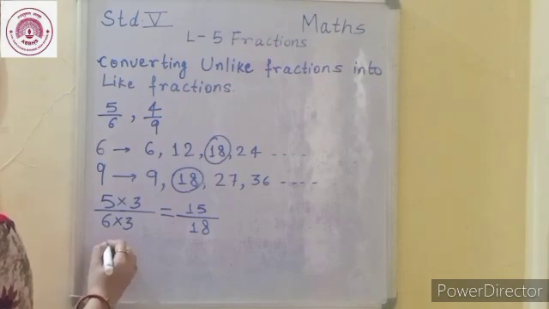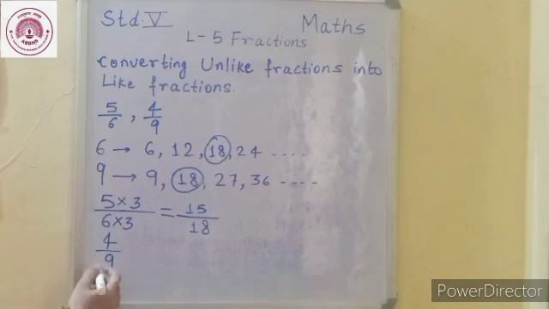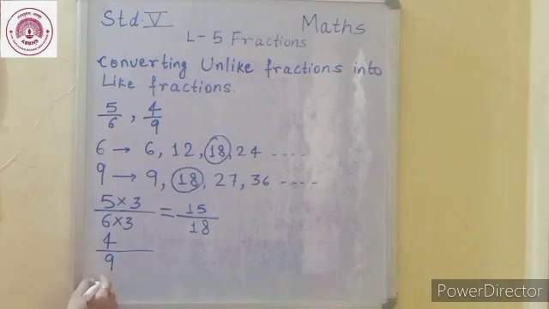Similarly, converting 4 by 9, we have to make the denominator 18. So we have to convert 9 into 18. And for that, we have to multiply 9 by 2, as 9 2s are 18.